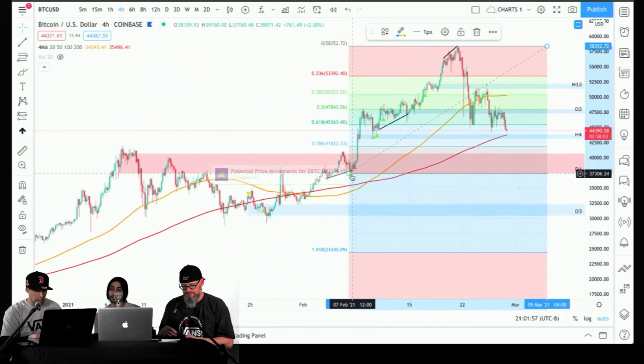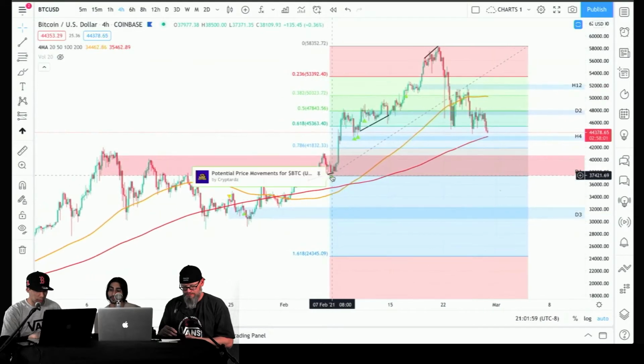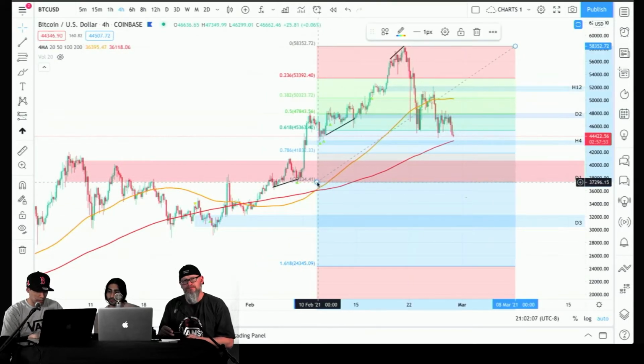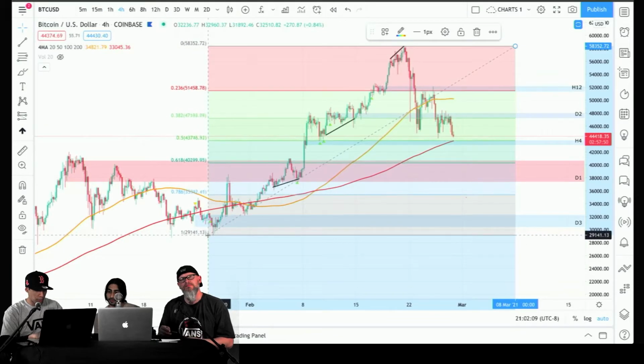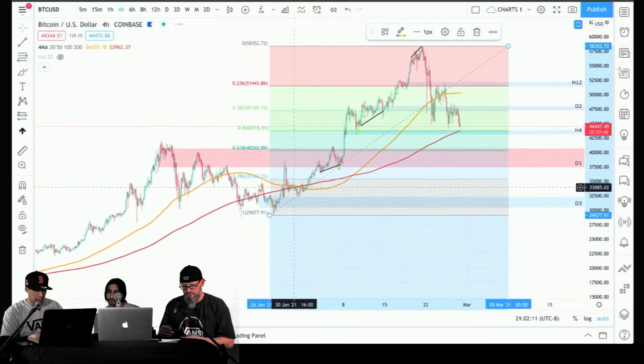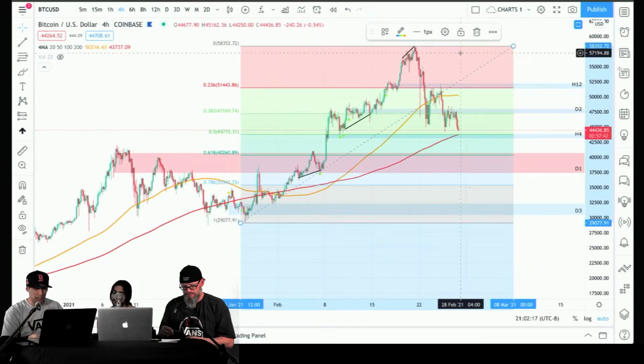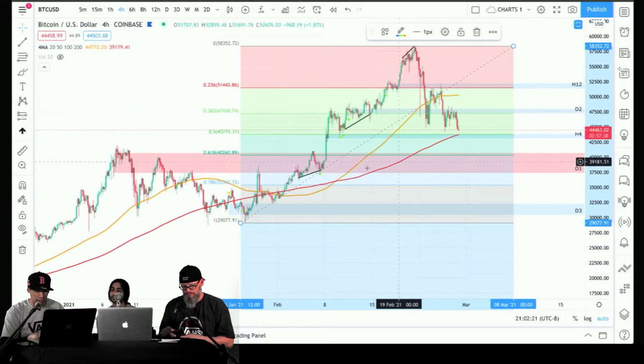So actually the best spot for this, and I put it right on top of the marker, would probably be the best spot for this retracement, right? Because you want the whole run, the bottom of this run, start of this run to the end of this run, right? So right now it looks like we're about to tap the 0.5 fib level.